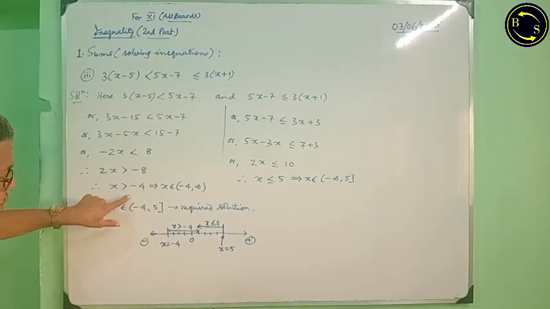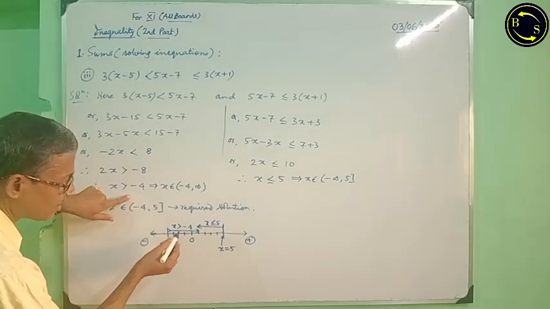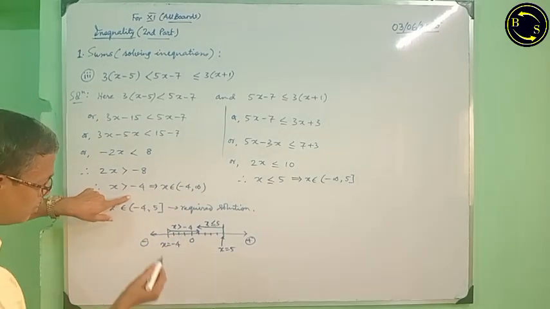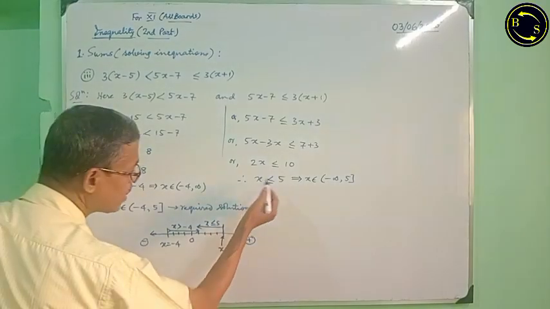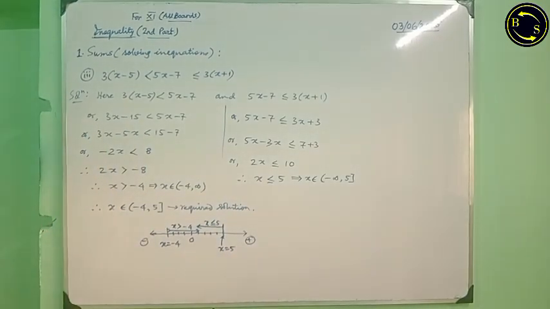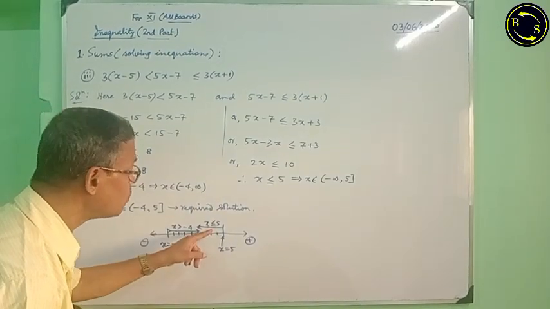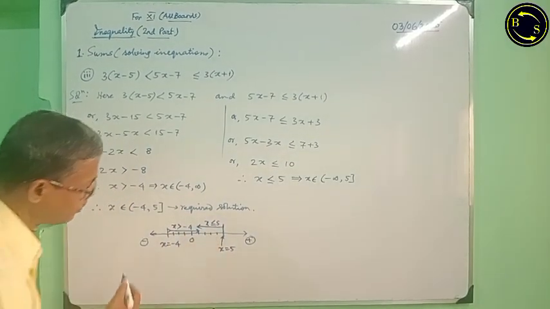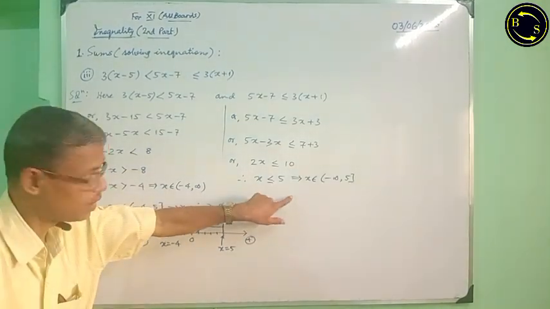note x greater than minus 4, therefore x cannot take the value minus 4 but greater than minus 4, that is represented by this one, and in this case x is less than or equal to 5, therefore x can take value x equal to 5, therefore less than that, therefore this is the representation of these two separately.